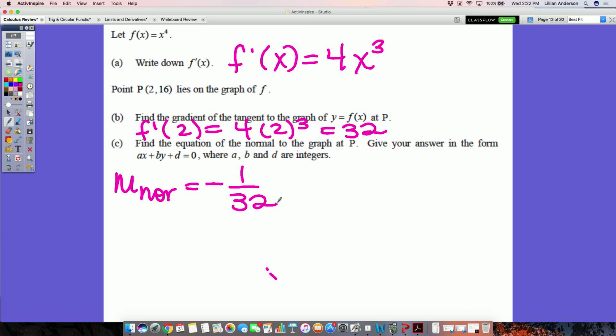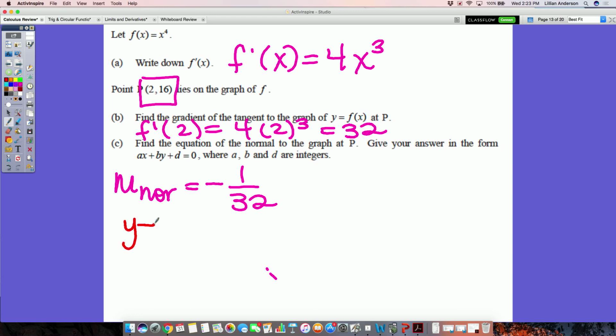So we take 32, we flip it, and we change the sign. So that's the slope that we're going to use. And then the point that we're going to use was what was given to us from before. Okay? So now let's write this in point slope form. I know we have to go to standard, but let's just go ahead and write it in point slope form.